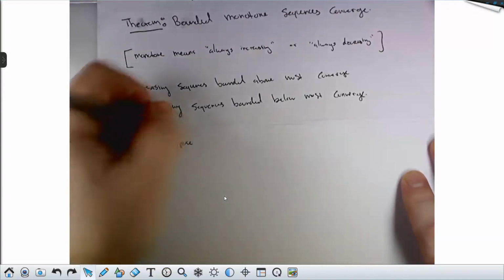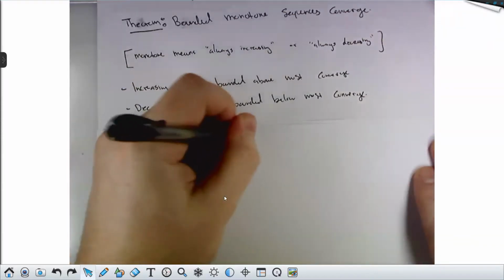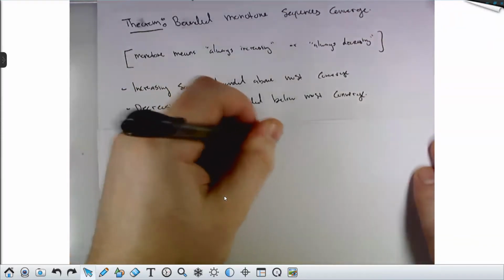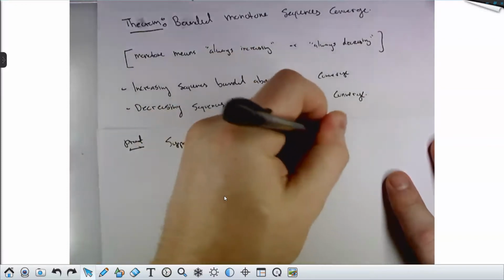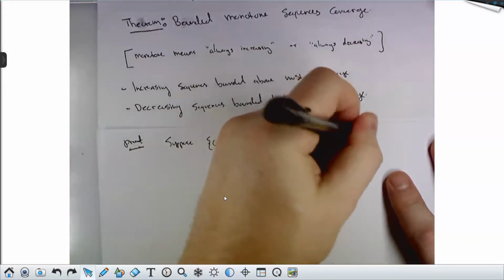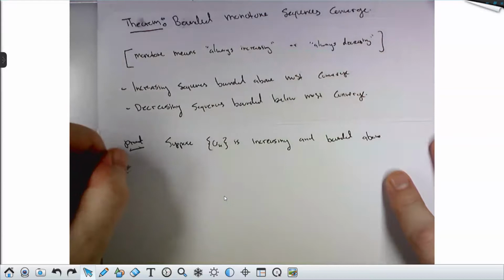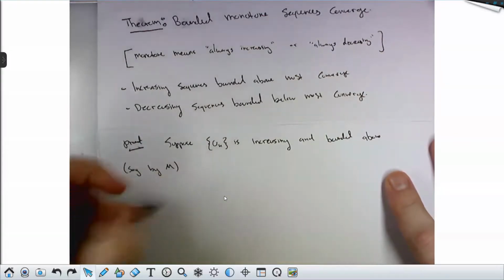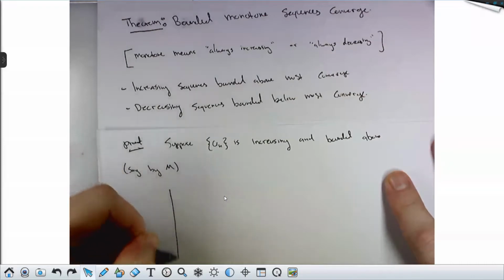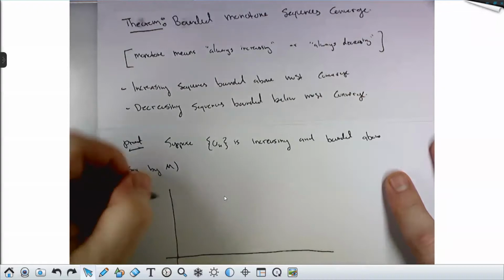Suppose the sequence a_n is increasing and bounded above, say by the number m.